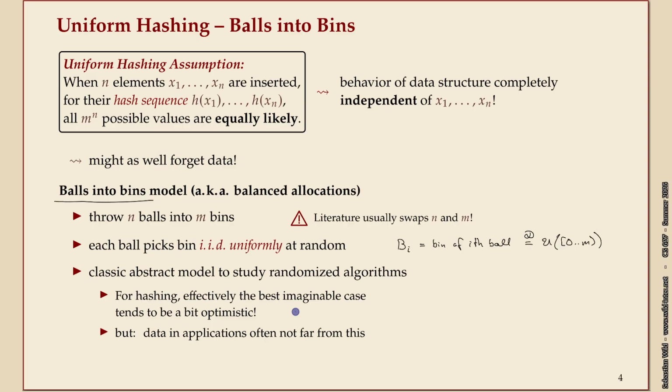It is a bit optimistic in that it makes this strong assumption that everything is independent and uniform. And so you should keep in mind that for hashing, it is almost the best imaginable case, and maybe a bit optimistic to assume it. On the other hand, if you take good hash functions in a practical sense, things that often are used for constructing string hashes, and I'm not talking about cryptographic hashes here, just fast hash functions, like murmur hash and some implementations.